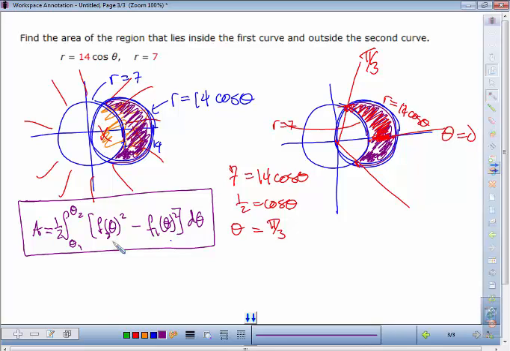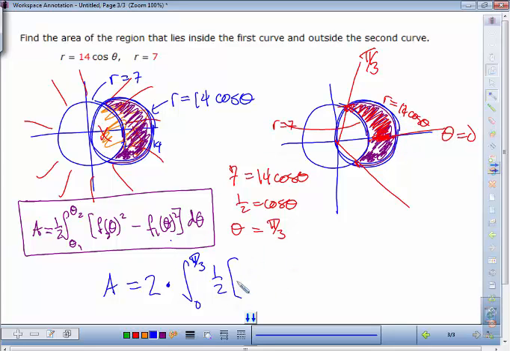All right, so now that we know all that information, we can just find the area here. A is equal to 2 times the integral from 0 to pi over 3 of the 1/2 that you can take outside and cancel with the 2.